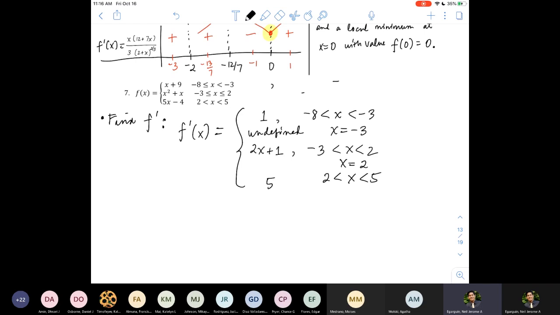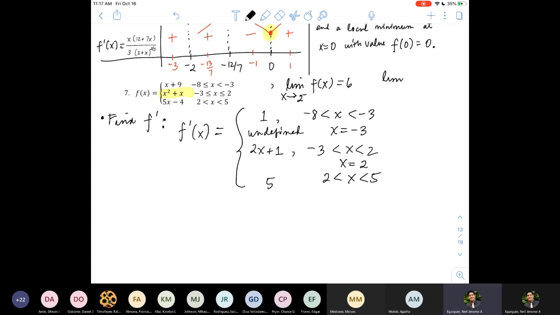Again, to circumvent the need for using the definition of the one-sided derivatives, I'm going to check first if the function is continuous at 2. The limit of the function as x approaches 2 from the left will depend on this function, and plugging in x equals 2, I get 6.